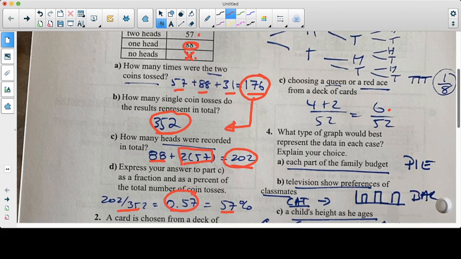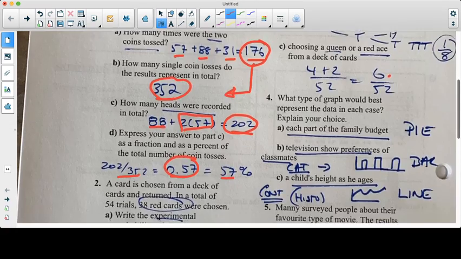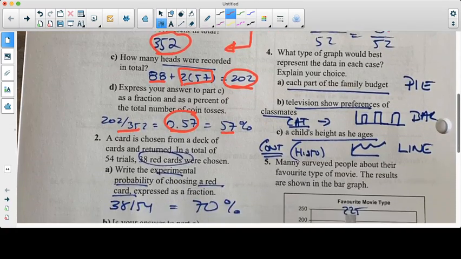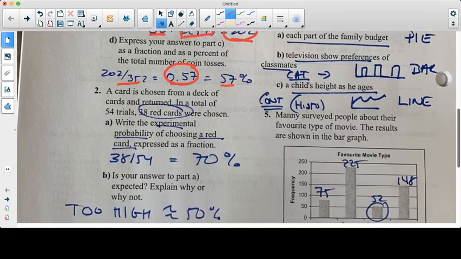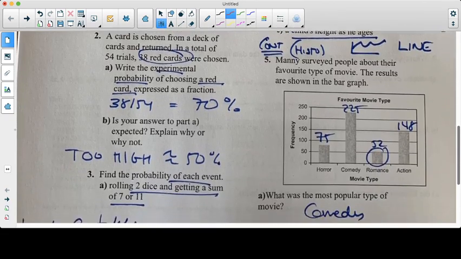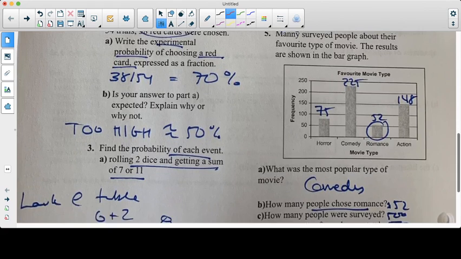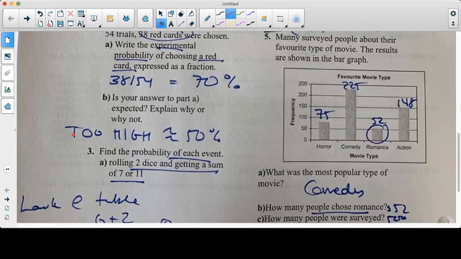That's a little higher than expected, so that would be experimental probability. Theoretical probability would be 50%. So if you were asked a question like, how would you compare that to theoretical, you would say it's too high. In the next question, we do the same sort of thing, where you draw 38 red cards out of 54 draws, which is 70%.